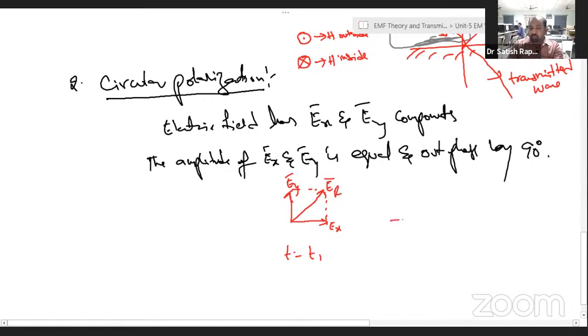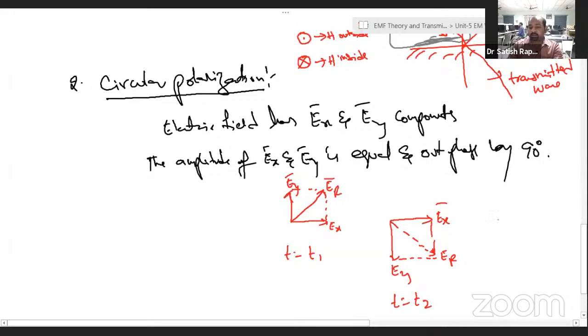At t equals t2, we have this one. This is Ex bar and this is Ey bar. Then the resultant electric field is this one, at t equals t2.